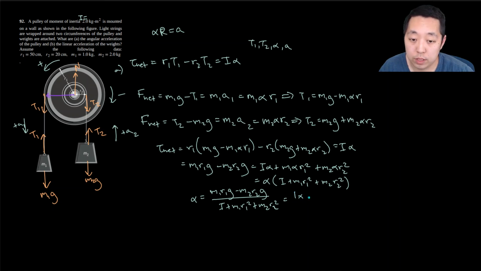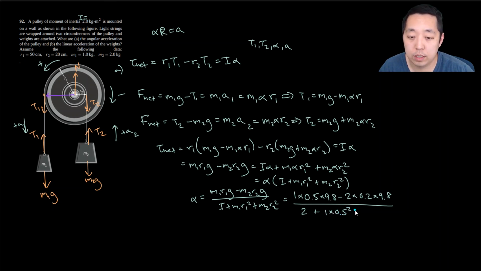I'm going to do 1 times 0.5 times 9.8 minus 2 times 0.2 times 9.8 divided by 2, because this one's actually in meters squared. I didn't think about this one being in meters squared. So plus M1, which is 1 times 0.5 squared, plus 2 times 0.2 squared.